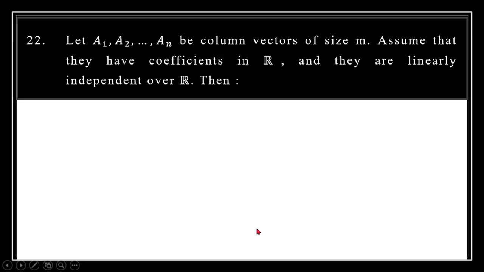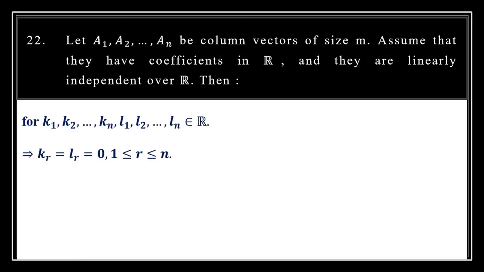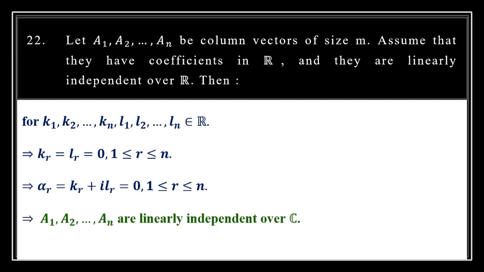So k1 is equal to k2 is equal to kn is equal to l1 is equal to l2 is equal to ln is equal to 0, means all ki's and li's are 0, and hence the complex coefficients alpha i equal to ki plus i li also become 0. That means alpha 1 a1 plus alpha 2 a2 plus ... plus alpha n an is equal to 0 if and only if all the coefficients are 0.